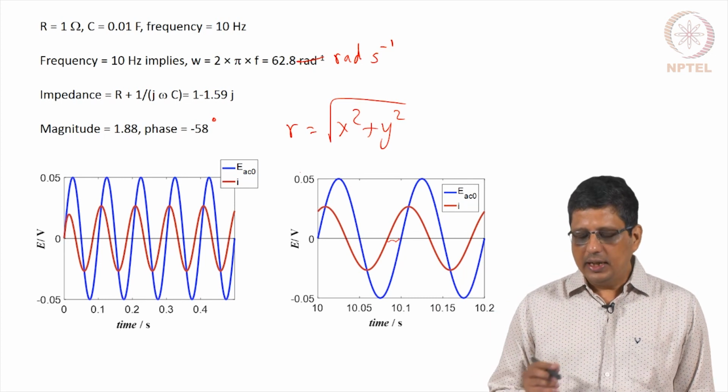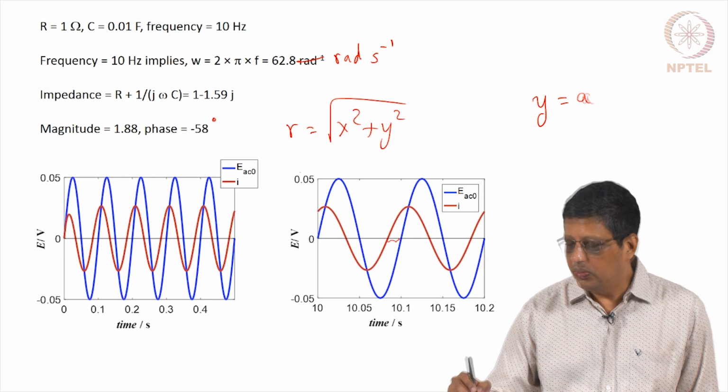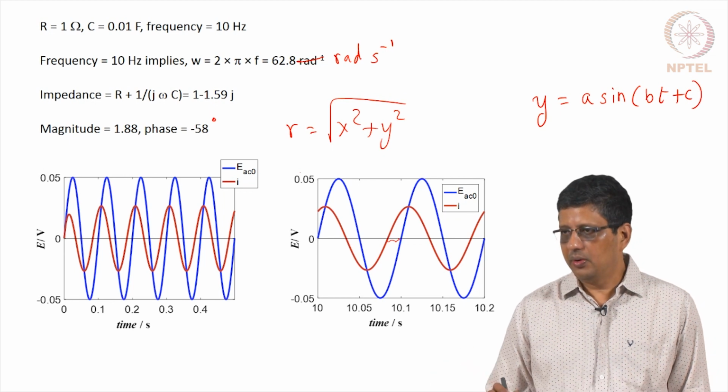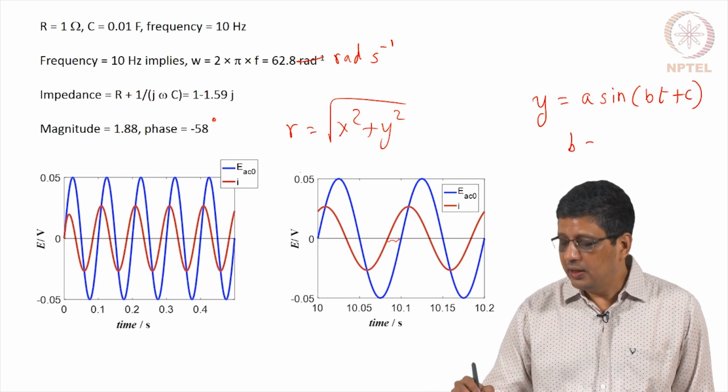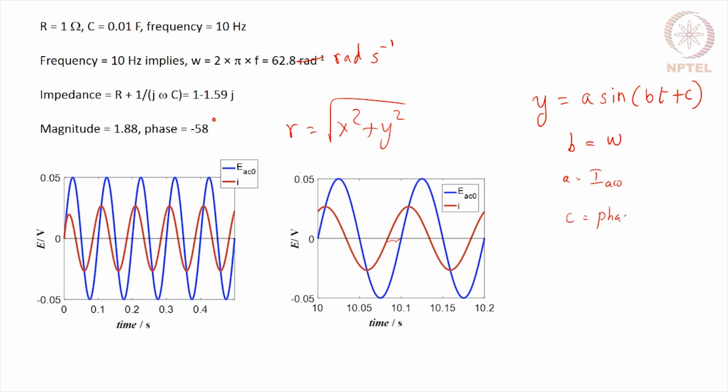An even better way of doing it is to fit this curve to an equation, y equal to A sin(Bt + C) plus an offset. We have to verify that B comes out to be the same as omega. A here will give me the amplitude and C here will give me the phase.